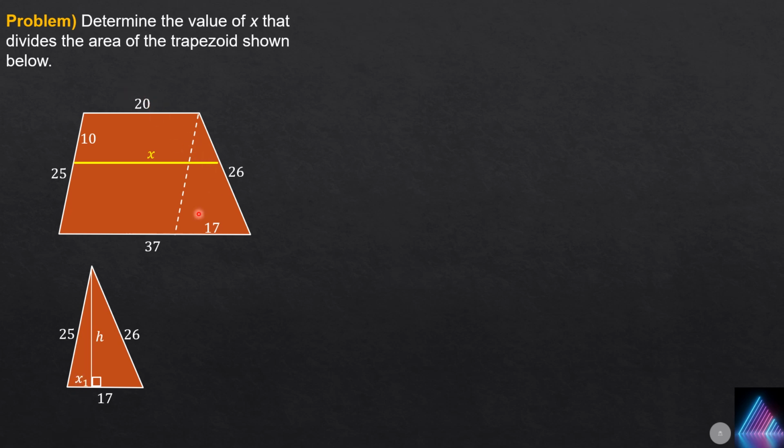So also from this triangle being isolated, we drop the altitude h, and let's call this part of this triangle to the left of the foot of the perpendicular x1 and to the right x sub 2, so that x1 plus x2 is equal to 17. So that's the first equation, and h square equals 25 square minus x1 square.